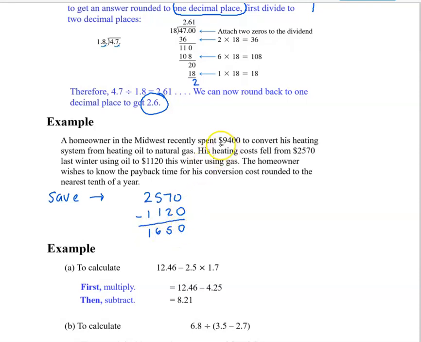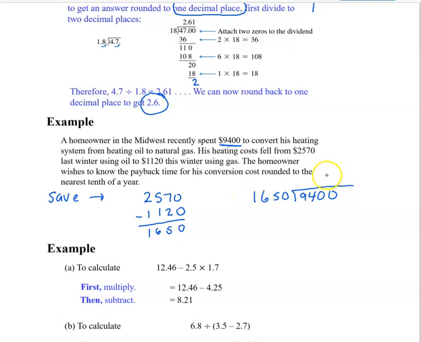He spent this much on the heating system. So how many years would it take for him to get his money back? So if we divide those, we're going to take 9,400 and divide it by 1,650.